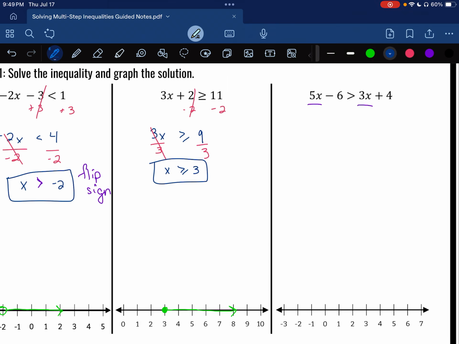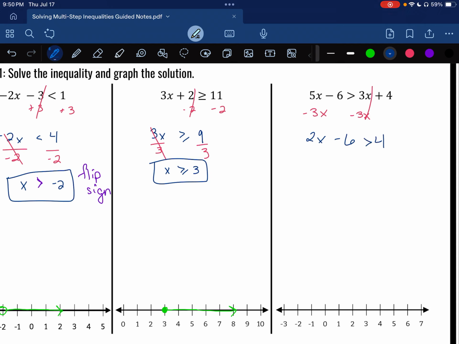So how I'm going to do that is I'm going to move this 3x. So I'm going to erase these underlines here, maybe. Nope. All right. Try it again. All right, so that's not confusing anyone. We're going to subtract 3x from both sides. So now I'll have 2x minus 6 is greater than 4.